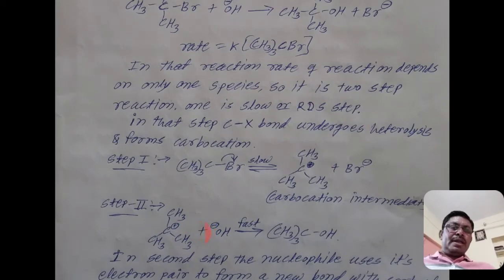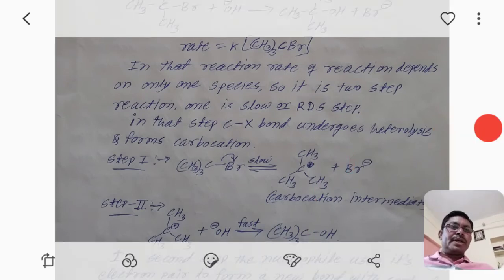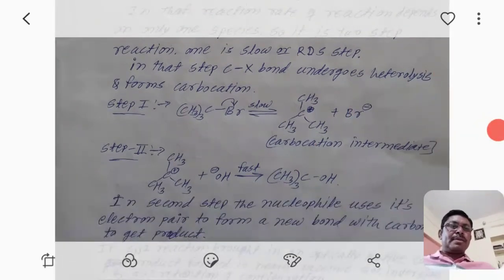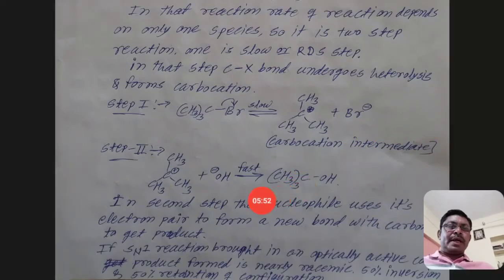The nucleophile can attack from the front side or the back side, so there are two possibilities, because there is a lot of space to attack from the front or back side. Then we get the product, tertiary butyl alcohol, the main product.